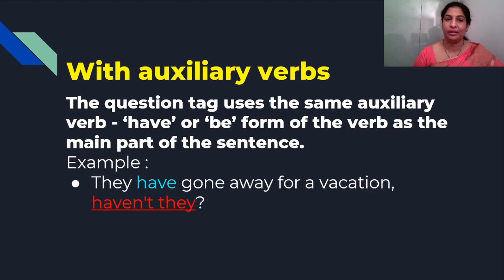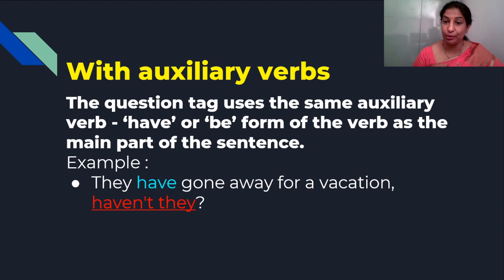Now, with auxiliary verbs. What are auxiliary verbs? You know already, auxiliary verbs are also known as helping verbs. They usually accompany the main verb to describe the action, whether the action happened in the past, is happening in the present, or will happen in the future.